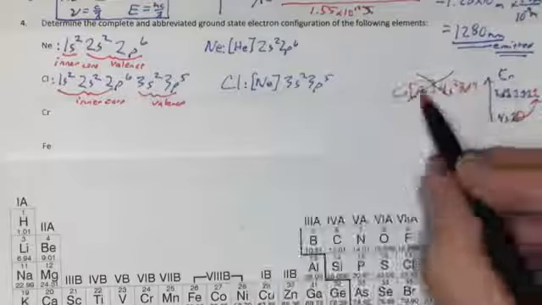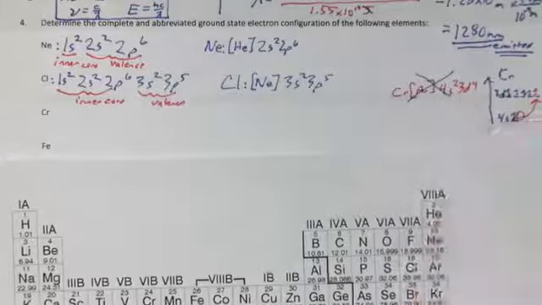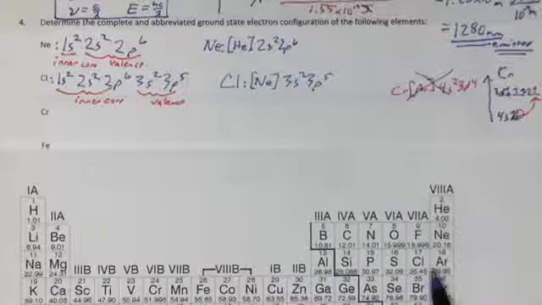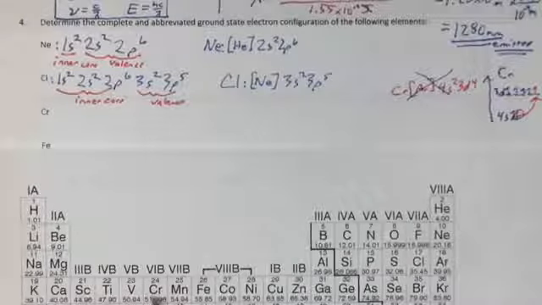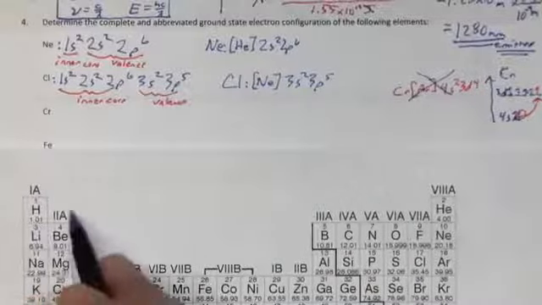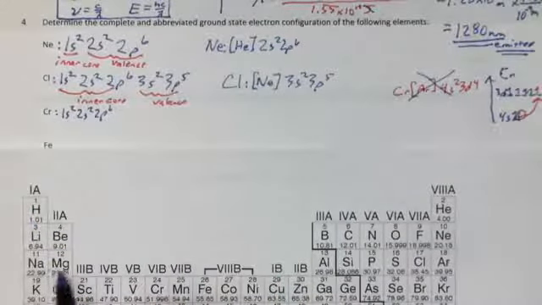So instead of this, what we actually have for chromium, let's do the complete electron configuration first, and remember, it's an exception. Chromium, colon, 1s2, 2s2, 2p6, 3s2, 3p6.